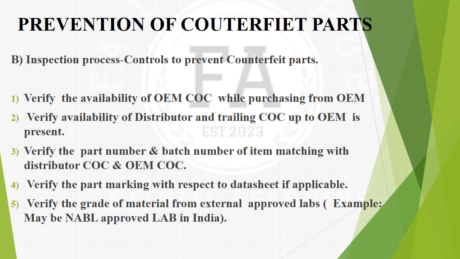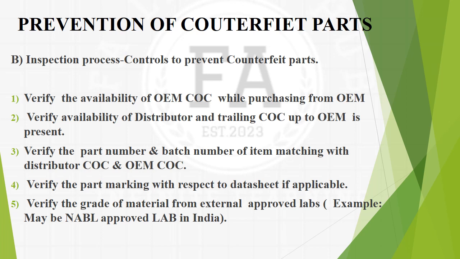Verify the grade of the material from external approved labs. For example, as I told earlier, if I am ordering aluminium 6061 and I am getting 5052, we should have some independent verification. We take one sample of the aluminium we have received and test it in an external lab.